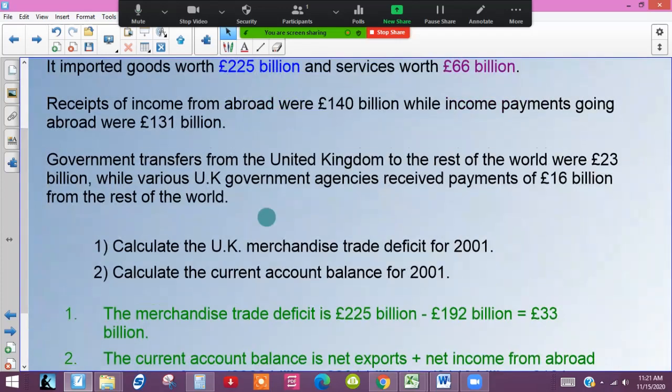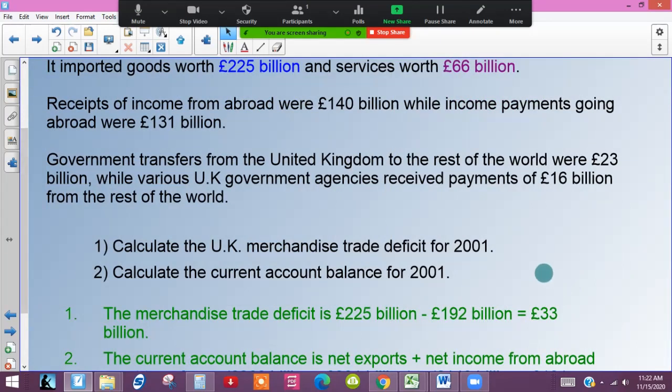So we simply take the amount that was imported minus the amount that was exported, and we get a deficit of 33 billion pounds.